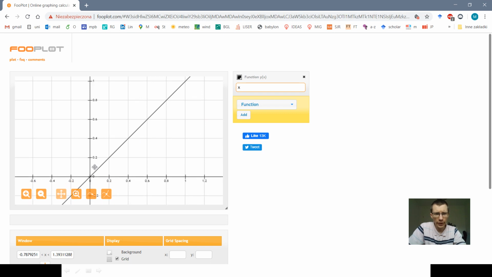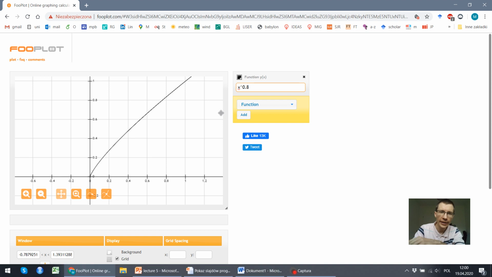If you draw it with x on the x-axis and the utility of x on the y-axis, and theta is very close to 1, we have the function x to the power of something close to 1. We are very close to a straight line.